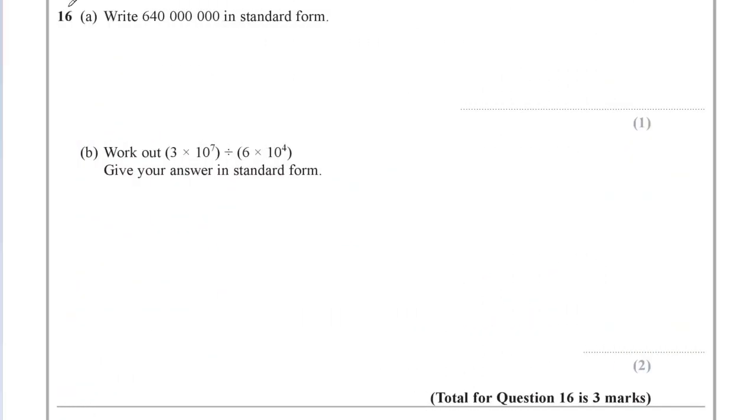Okay, we start with question 16, part A. Write 640 million in standard form. Okay, standard form. A times 10 to the n, say. Now A must be greater or equal to 1, and it's got to be less than 10.